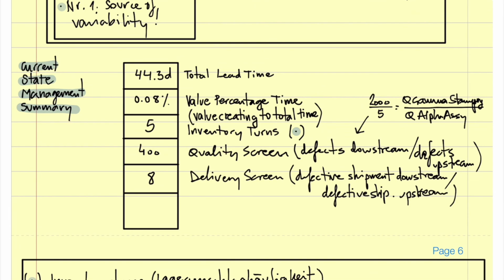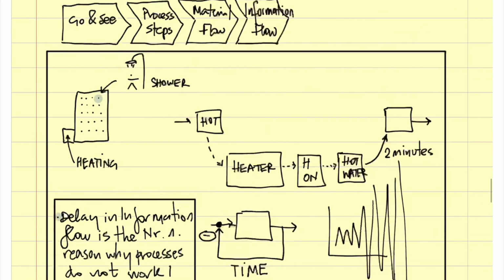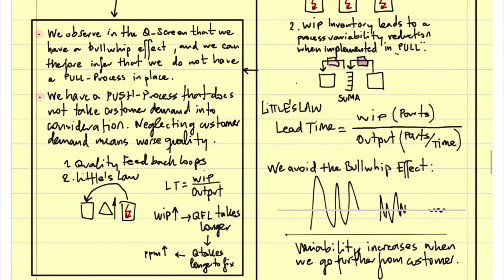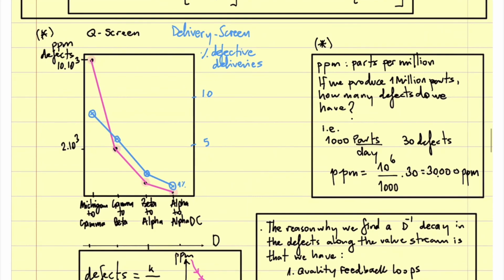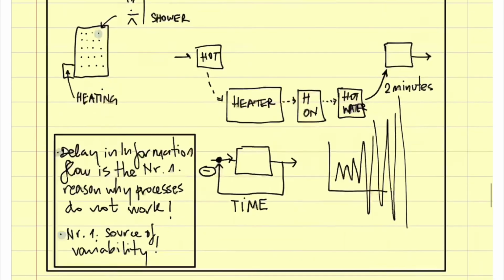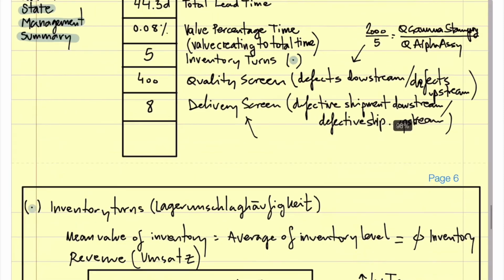Okay, and this is again the number of defective shipments, this number divided by this number. Okay, which is just 8 divided by 1, I guess.